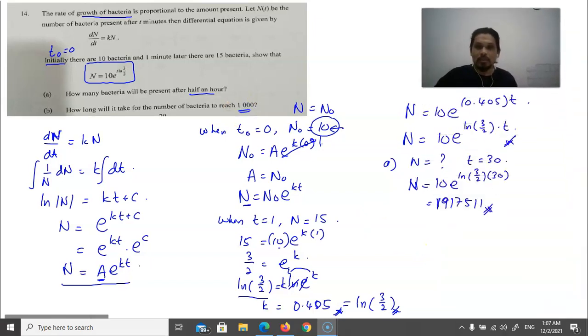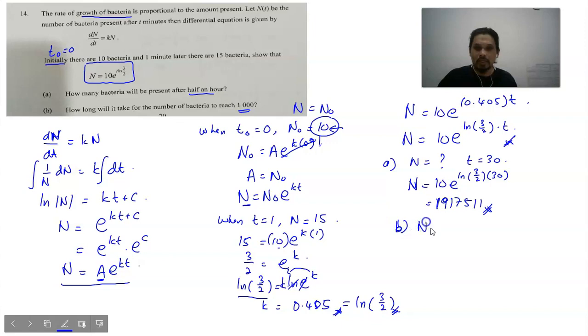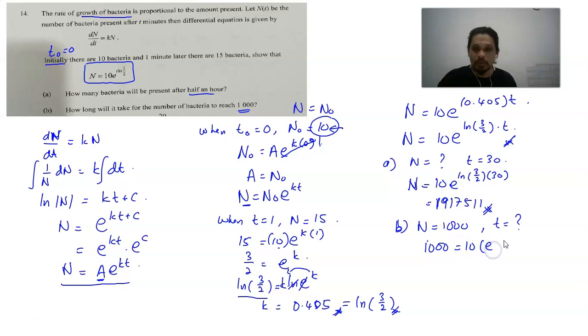Meaning N equal to 1000, and the question asks for the time T. So 1000 equal to 10 e power of natural log of 3/2 times T. 1000 divided by 10 is 100, then e power of natural log of 3/2 times T. For this one you may use a calculator or simplify everything.